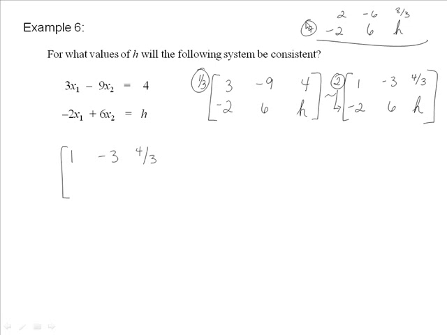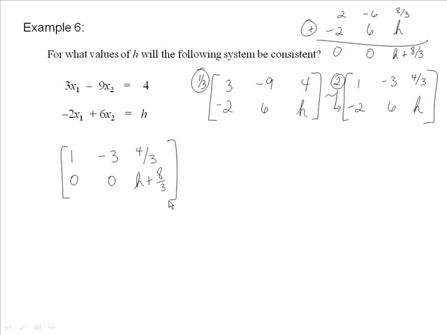So when I add that together, I have 0, 0, and then h plus 8/3, or 8/3 plus h. So I'll replace my second row with that. 0, 0, h plus 8/3.